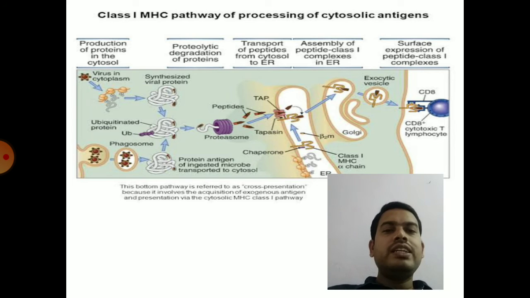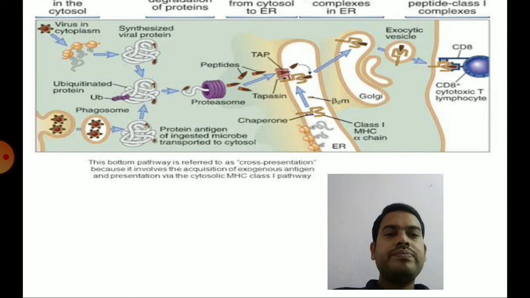So now we can see clearly the pathway of class 1 MHC molecule, endogenous antigens by the cytosolic pathway. Endogenous antigens, such as viral particles, will enter the cell easily without engulfing. All nucleated cells contain class 1 MHC molecules, so they can process the entered endogenous viral particles.